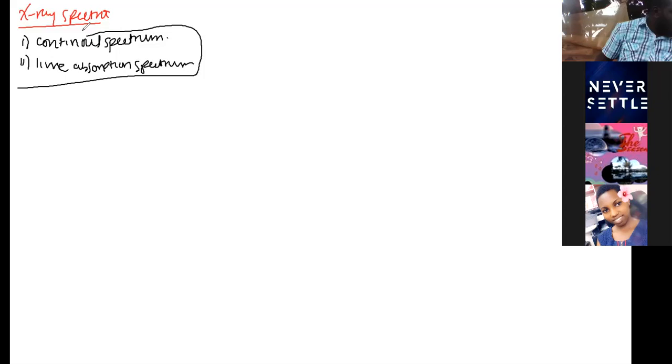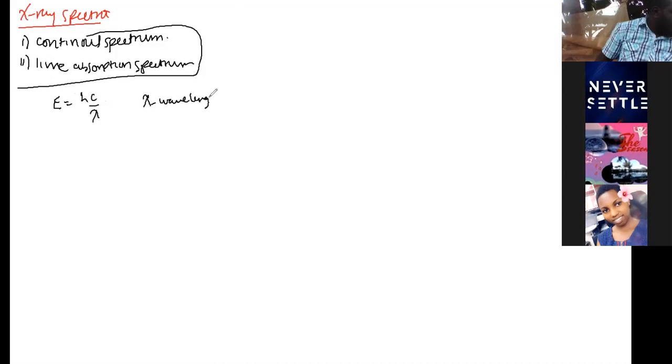So with these different amounts of energy lost, X-rays are given off with varying wavelength. Lambda is the wavelength.